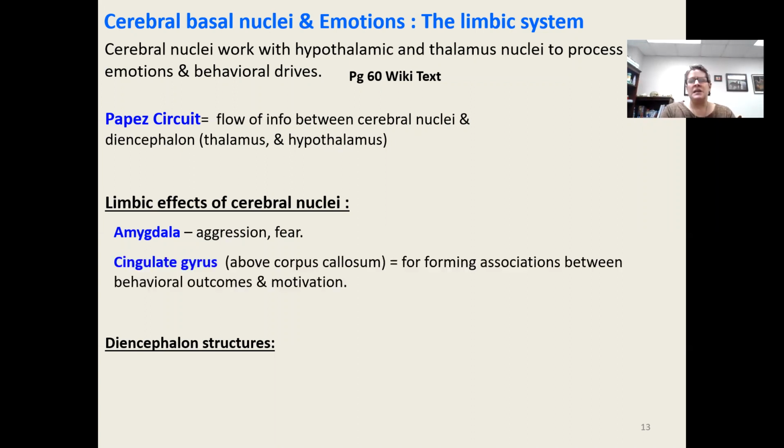Next, the cingulate gyrus. That is for forming associations between what you do and what reaction you get. When you're a kid, if you did something good, your parents praised you, good job, and you learn, oh, that's good, I'm going to do more of that.